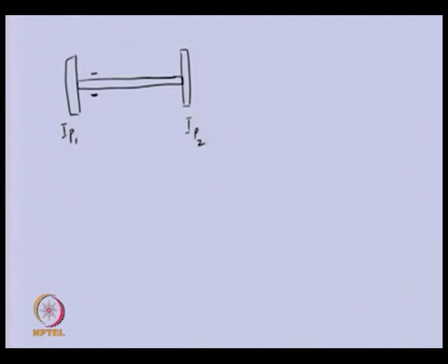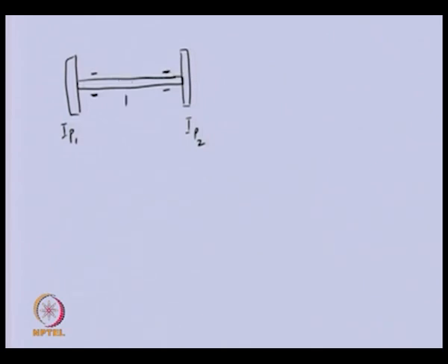This is mounted on frictionless bearings and is free to oscillate on these bearings. So the bearings are not resisting the motion of this rotor system. Earlier we solved this using Newton's law. Now we will use the transfer matrix method to obtain the natural frequency for such a system.